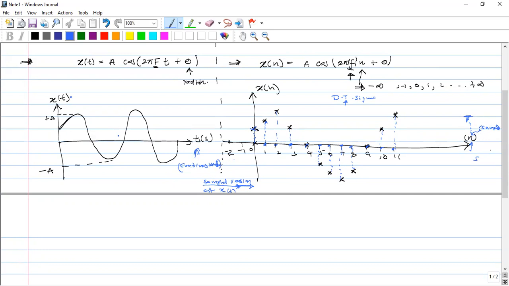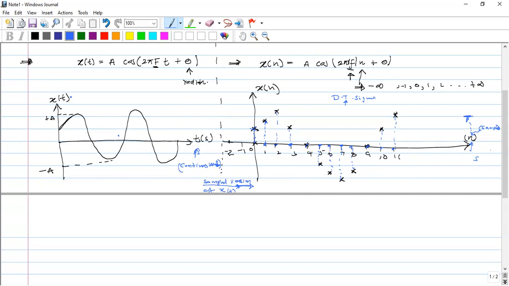That is why we take it as an integer value: -2, -1, 0, 1, 2, 3, 4, 5, 6, rather than a rational or decimal value like 1.2, 1.3. This n represents the sample number.